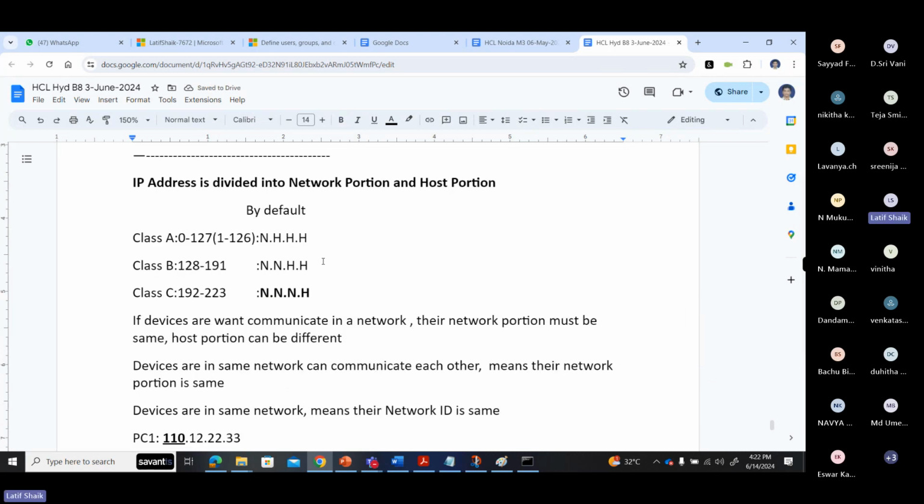By the IP address, I can define a logical network. One big physical network, I can divide logically with the help of IP addresses.